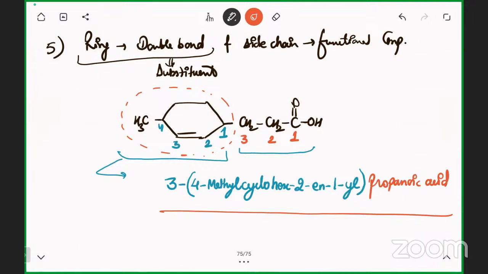I'm repeating this point. If the ring is containing a double bond and the side chain is containing the functional group, then the priority must be given to this particular side chain, and the rest will be considered as a substituent, just because the bigger functional group is present. Just a basic example: what I used to say is that if the grandfather is present in the home, then he is the master head.